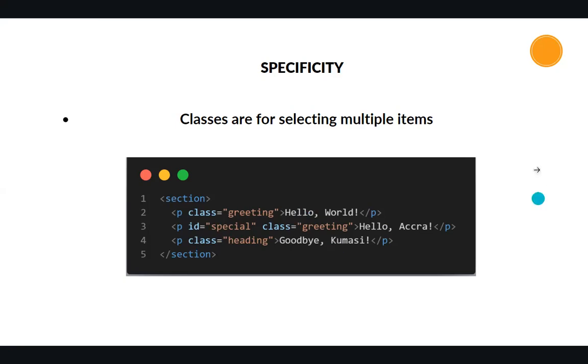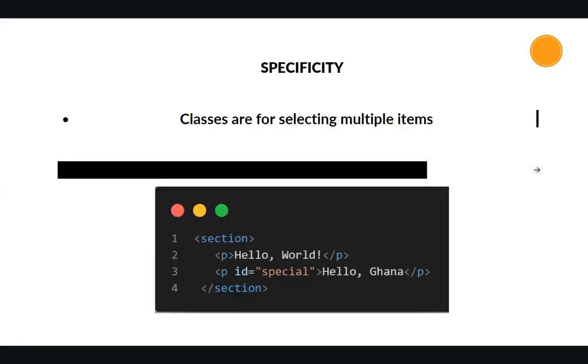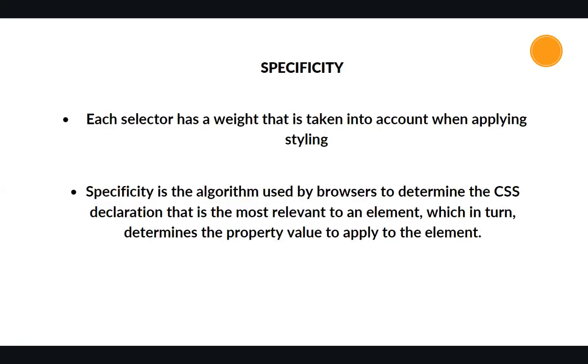We'll look at examples, but just so that you know, all the different selectors have some sort of weight, and the weight is what we call specificity. It's big English, but in the end, each selector has some sort of weight, and the heavier it is, the more likely it is to be used.